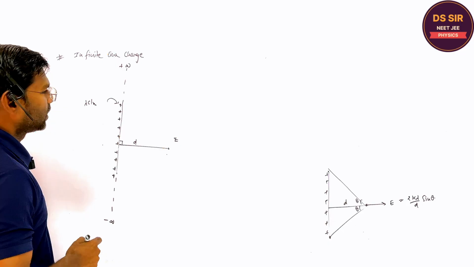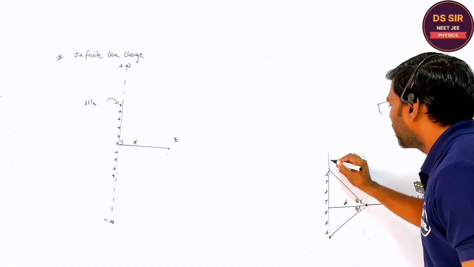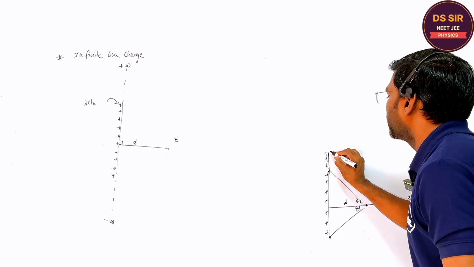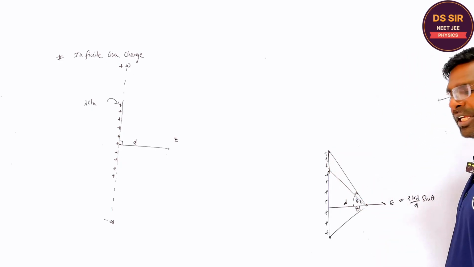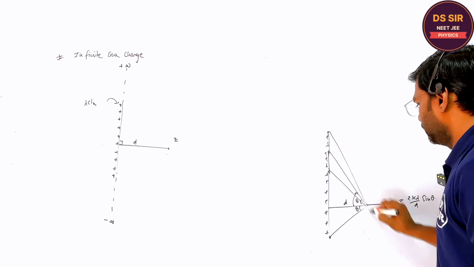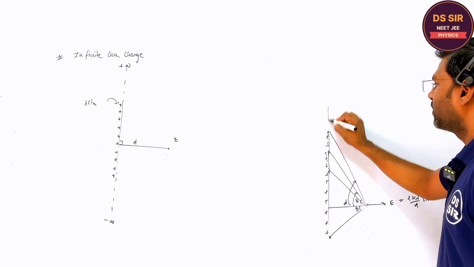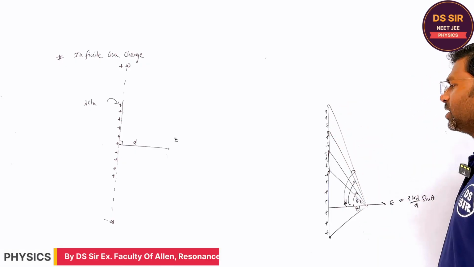So how would you find it? Listen, if this line charge is extended a little bit, what will happen? The theta will increase. If you further increase it, the theta will increase again.